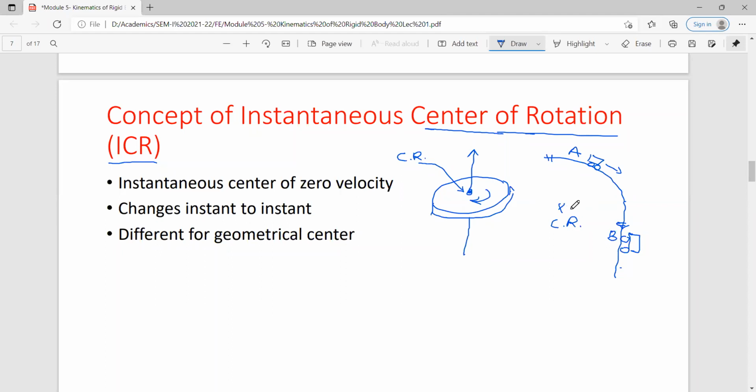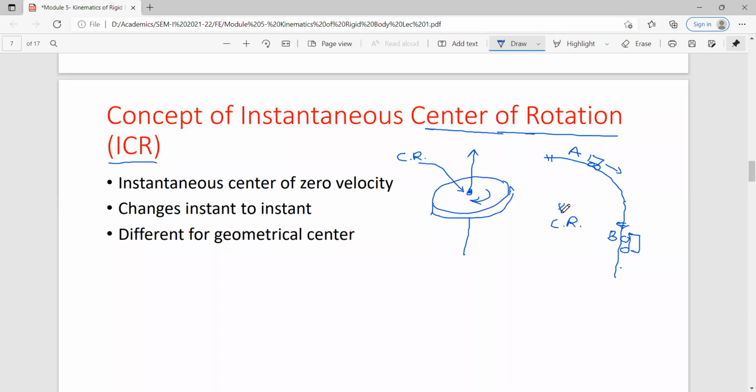No, sir. No, definitely we can't say. As long as the car is on the curved path, this is its center of rotation. But as soon as it comes on the straight path, this center will not apply to the straight path. The car is not rotating with respect to this center of rotation.